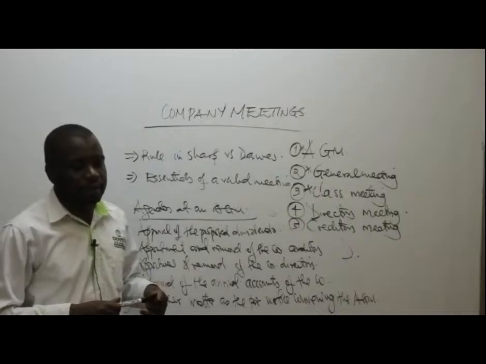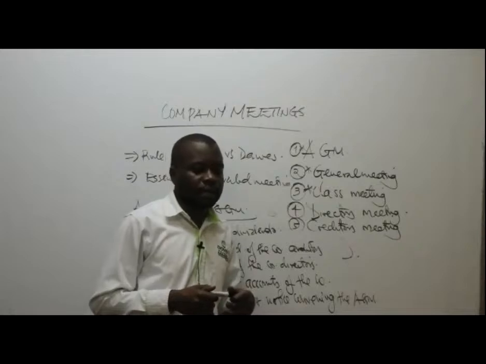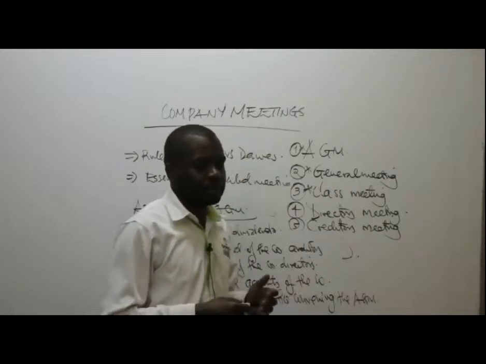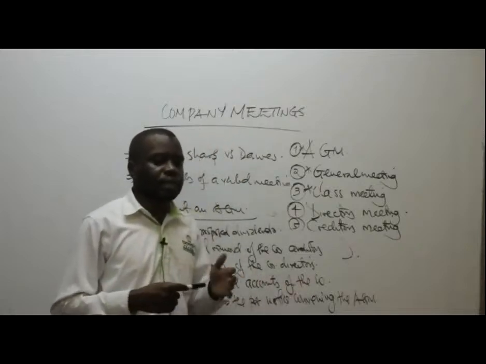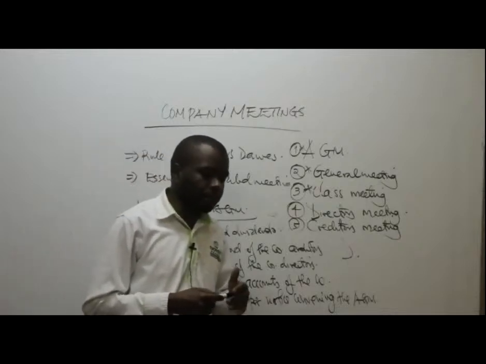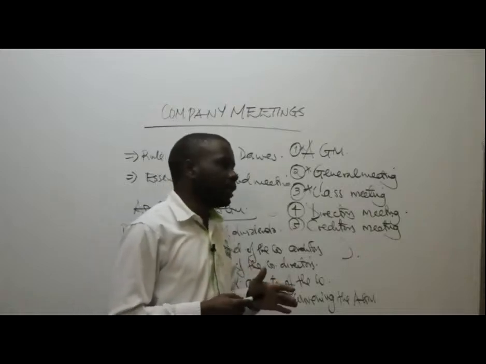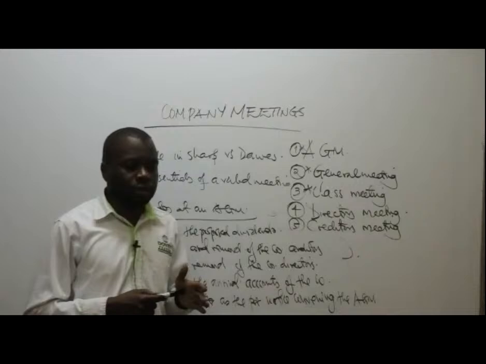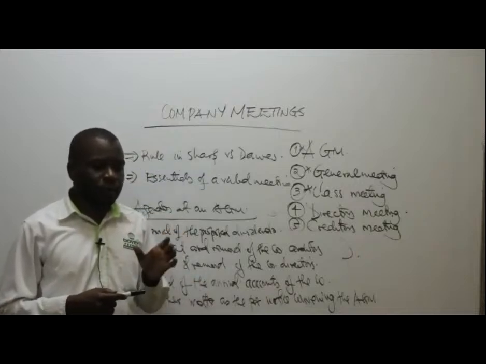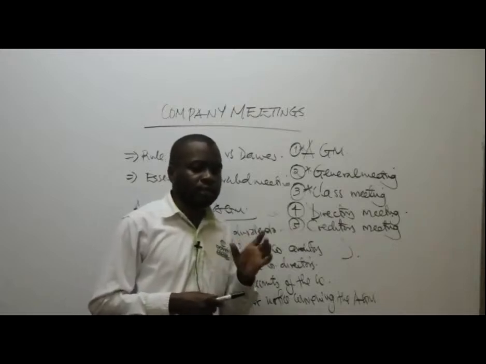They are the persons who carry the main business risk, so they are the equity holders. They are entitled to all the residue of the company in case the company is liquidated. So when you talk about members of a class known as ordinary shares, we mean they have similar rights.